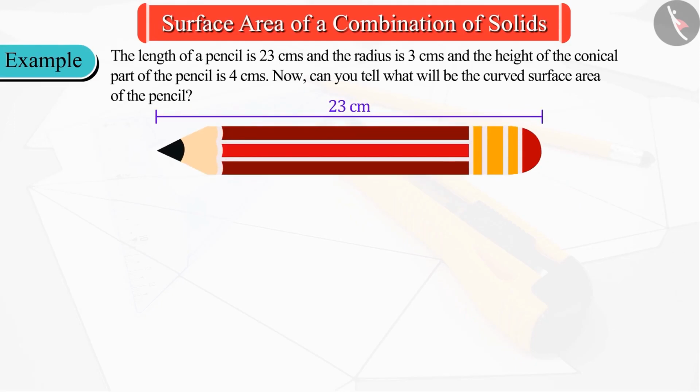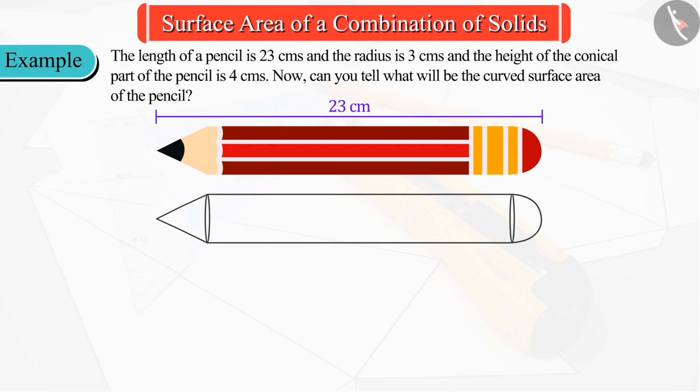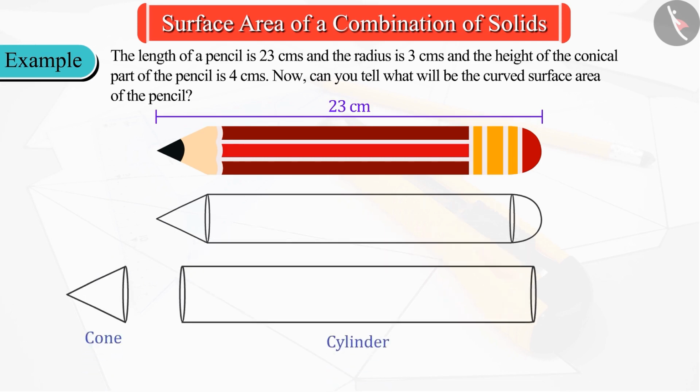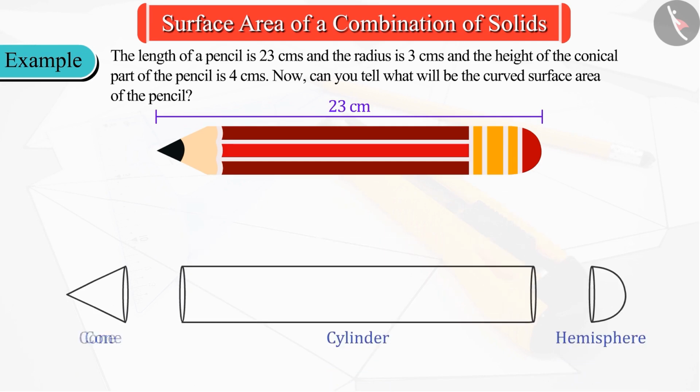By looking at the pencil, we cannot tell which figure it is. But if we look at the figure carefully, we can say that its front part is a cone, the middle part is a cylinder, and the lower part is a hemisphere.